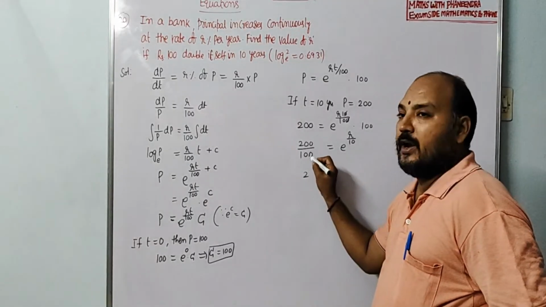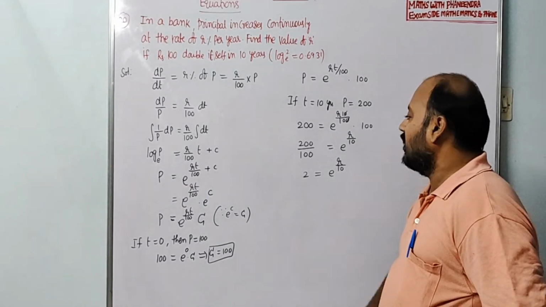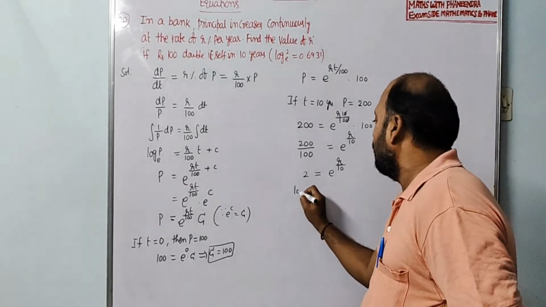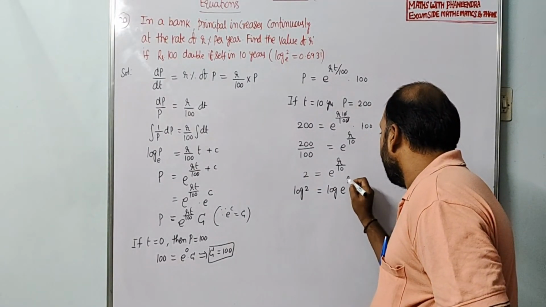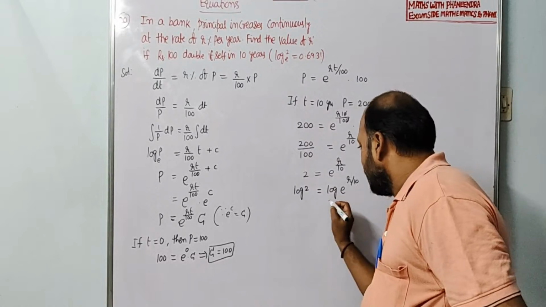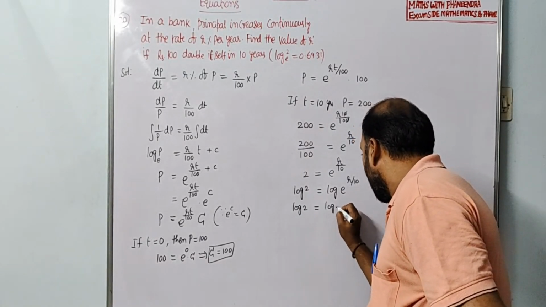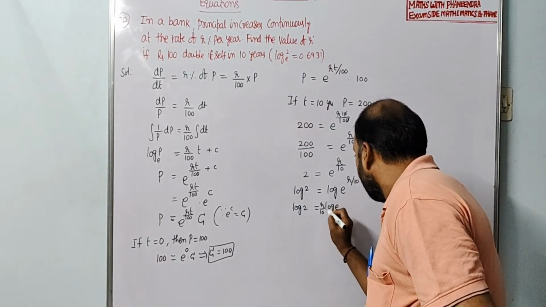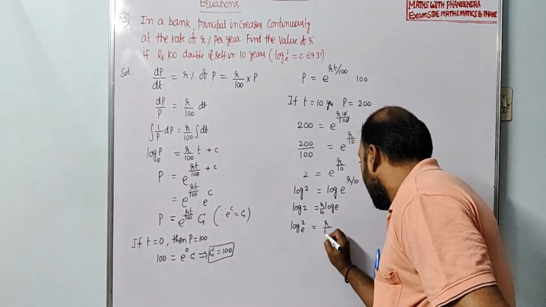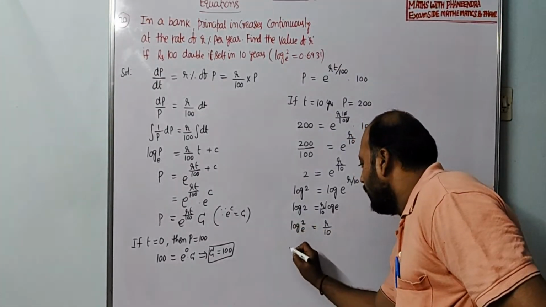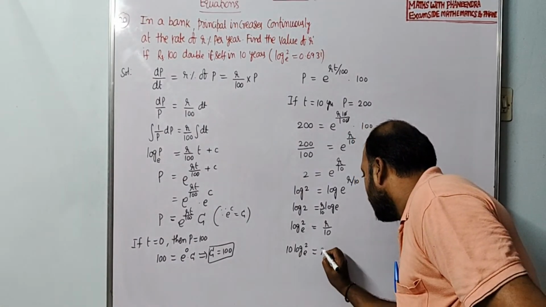So 2 equal to e power R by 10, taking log on both sides. Log 2 equal to log e power R by 10. So log 2 equal to R by 10 into log e. Log e is 1. Log 2 to the base e equal to R by 10. Cross multiply, R value becomes 10 times log 2 to the base e is equal to R.